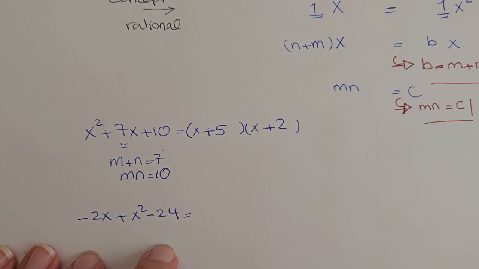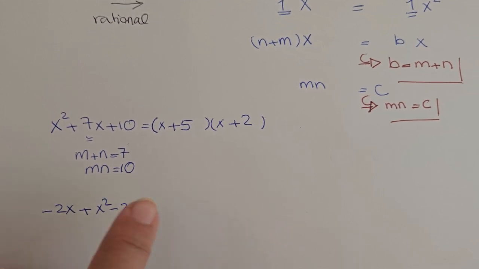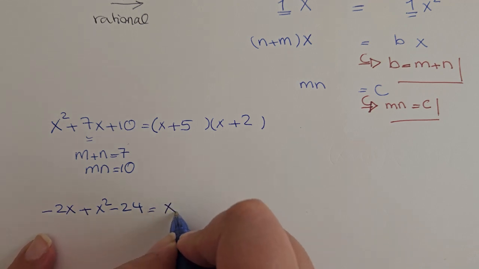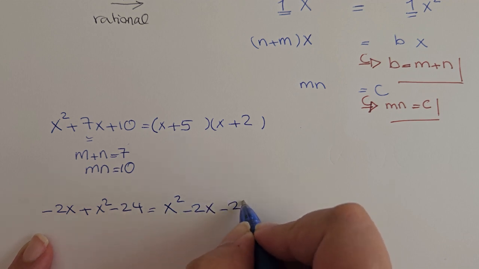My suggestion to you guys is to always try to rearrange it from the highest power to the lowest power, because it would make more sense. Later on, when we are dealing with higher orders, it helps you to factorize much faster. So let me rearrange it from the highest term to the lowest.